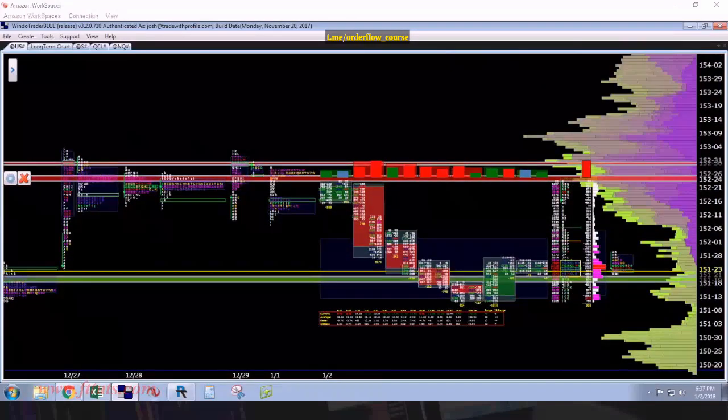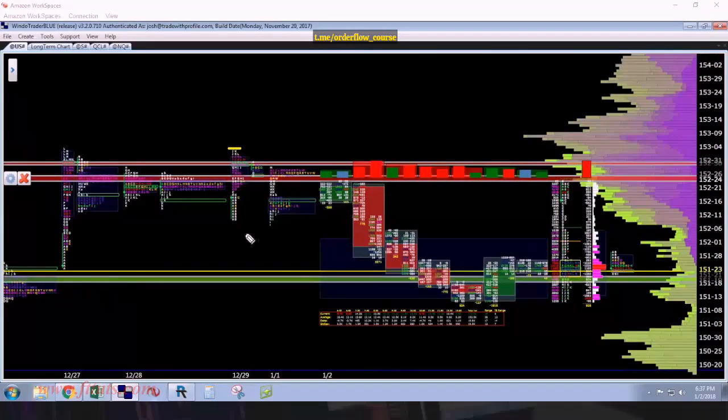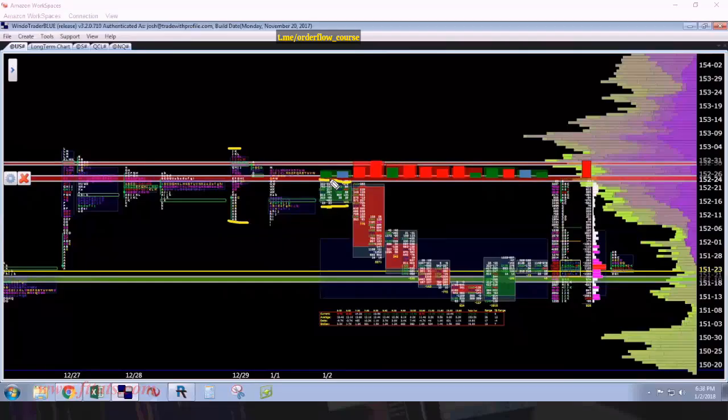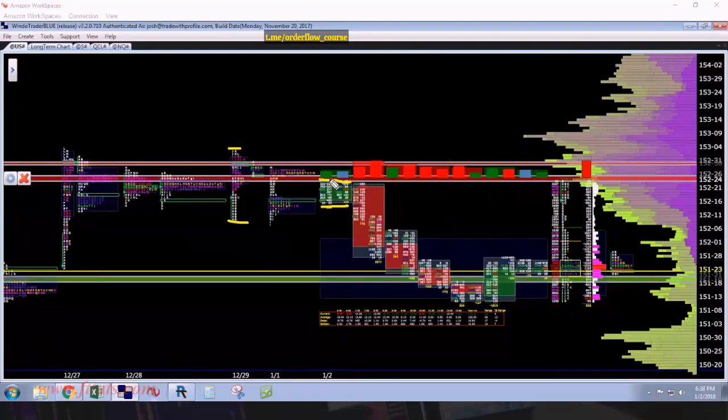Here is Friday's range. Here we have the A period and B period. It appears to be an open auction in range, and actually this could be an open auction in range or an open rejection reverse, meaning the auction attempted to go higher up into some resistance and then rotated out.